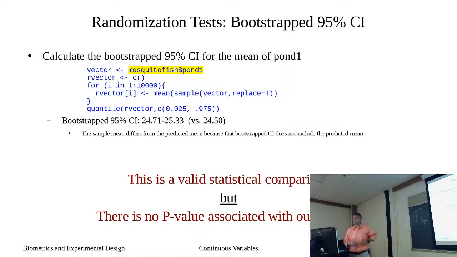Remember that the first question was, is our sample mean equal to 24.5? We met all of our assumptions. The t-test works, but let's try it for our ponds. All right, so go ahead, do pond 1.